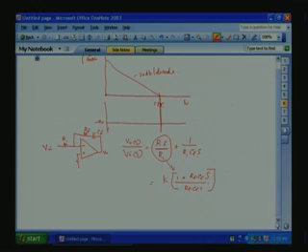This is of the form K into (1 plus ST) by ST. So, if you see here, it has the integrating part. Then, in the pole-zero form, there is a 0 here also.